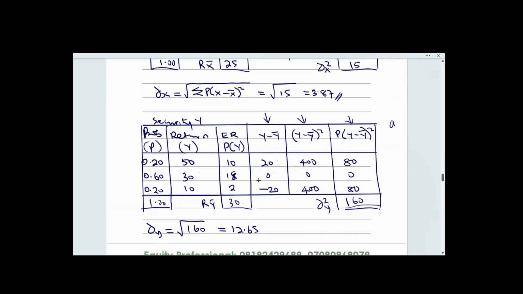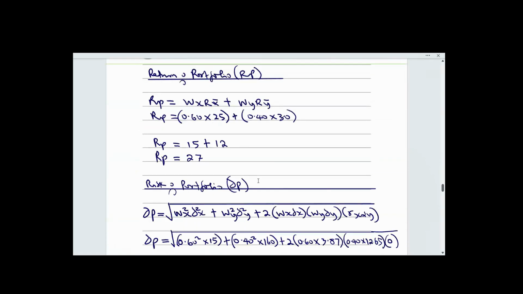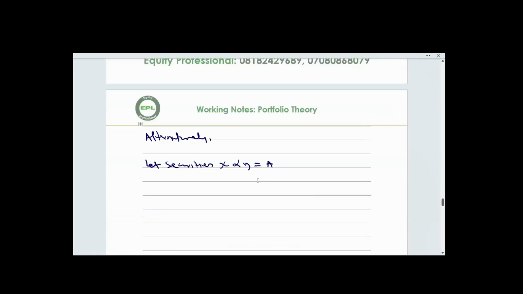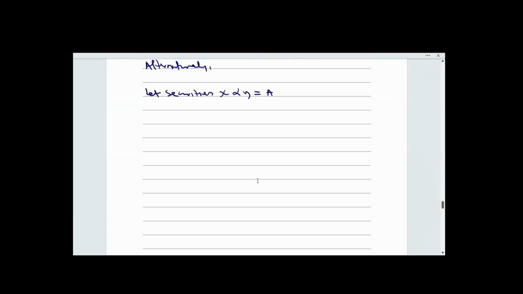Probability of security Y is 0.2, 0.6, and then 0.2. That's 3 by 3, so we are going to have 9 possible outcomes.